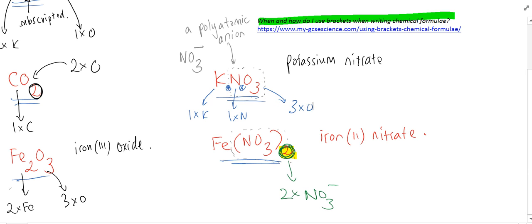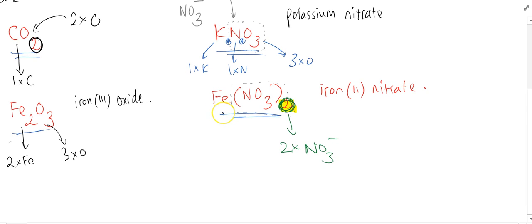Okay. Now with iron(II) nitrate, how many iron ions are there? There's no subscript after iron, so there's just 1 iron ion. But now it gets a little bit tricky with these brackets.